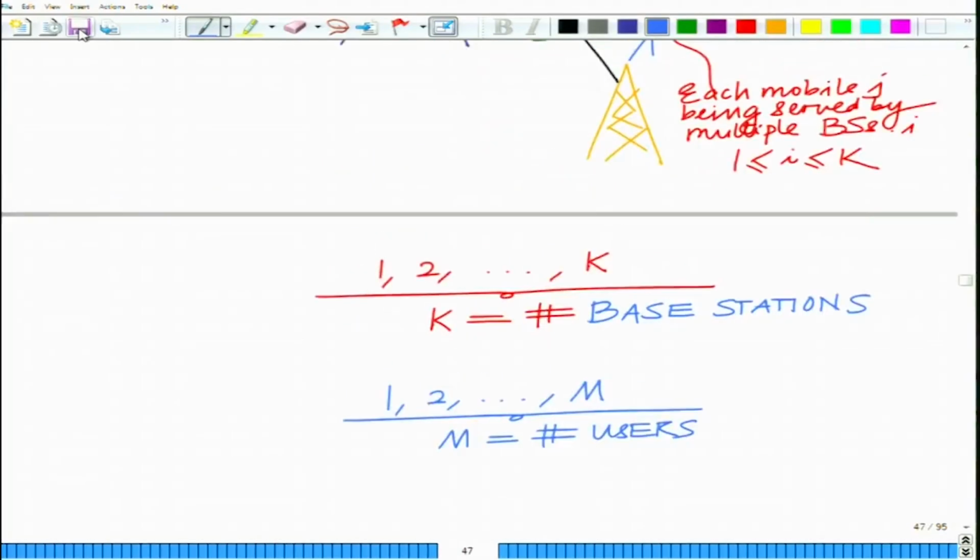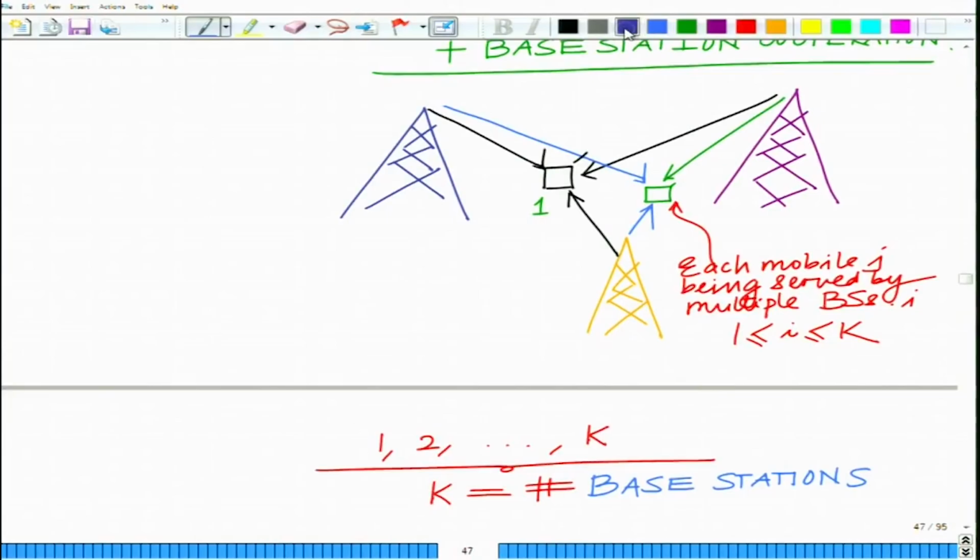Now, remember, whenever you have a wireless transmission scenario, there is a channel between the transmitter and receiver, and this channel is a fading channel because the wireless channel is fading in nature. So, that is characterized by a fading channel coefficient.